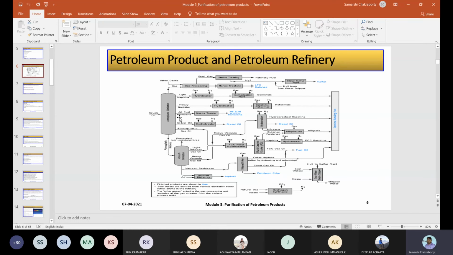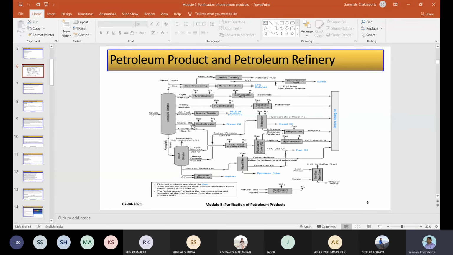Corresponding to jet fuel and kerosene, we have to go through the Merox treatment, because jet fuel and kerosene have a higher chance of containing mercaptan type sulfurous compounds, so Merox treatment is mandatory for those cases. The gas coming out of the atmospheric distillation unit may also contain mercaptan type components, so for that purpose, Merox treatment is definitely desired.